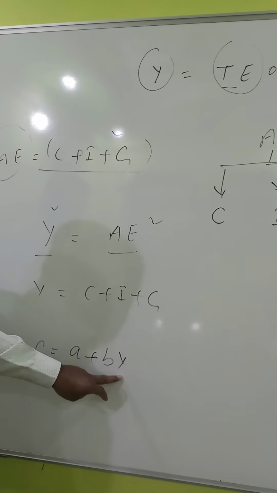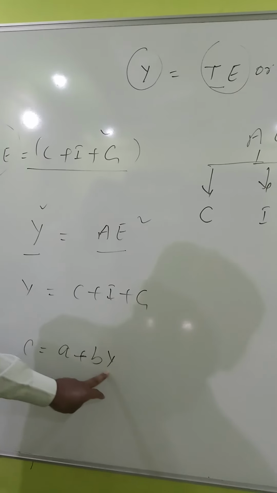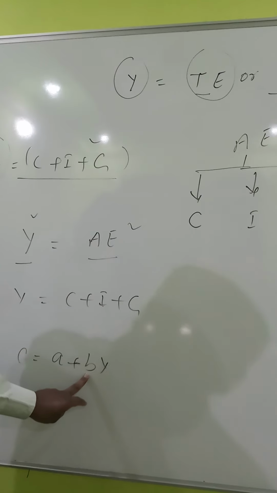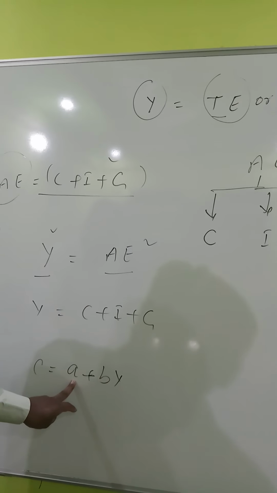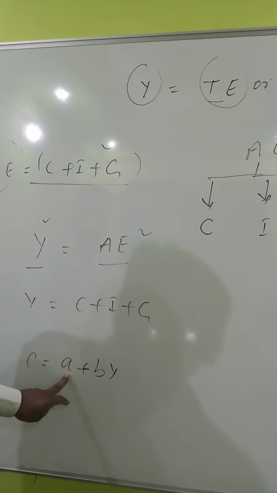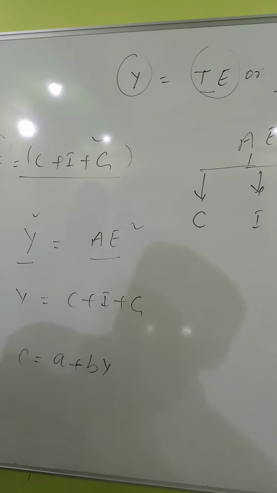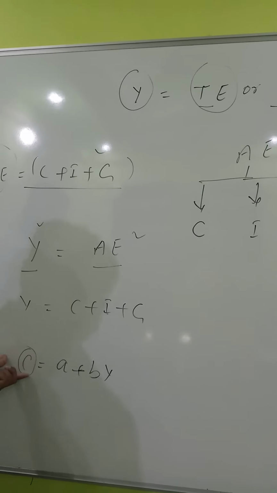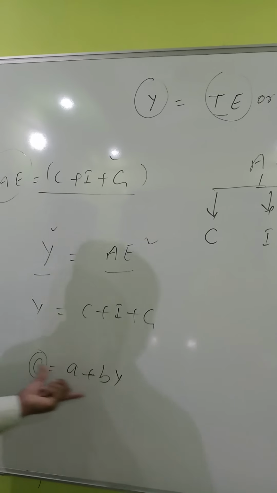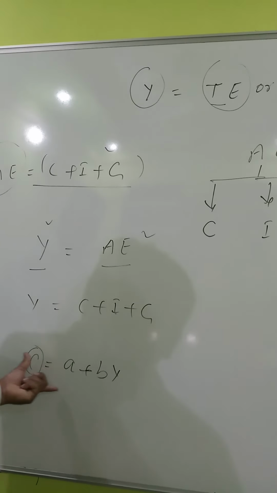Here Y stands for level of income, b stands for MPC, marginal propensity to consume, and small a stands for minimum level of consumption. Now we have shown here the consumption function with the help of this equation.